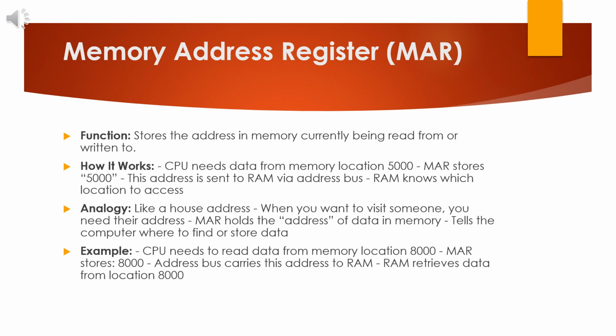For example, if the CPU needs to read data from location 8000, the MAR stores that number. The address bus then carries it to the RAM, which immediately knows how to retrieve the data from that exact spot. Without the MAR, the CPU would have no way of knowing where any of its data is kept.